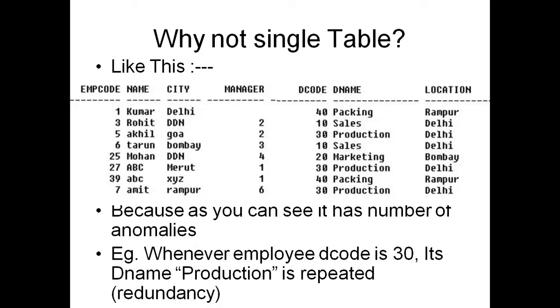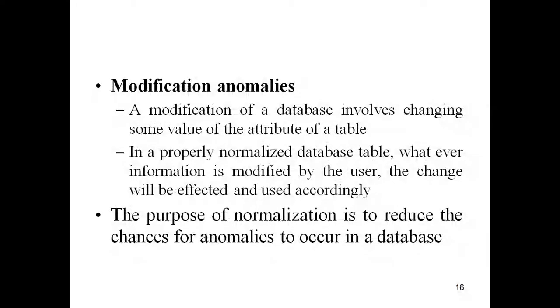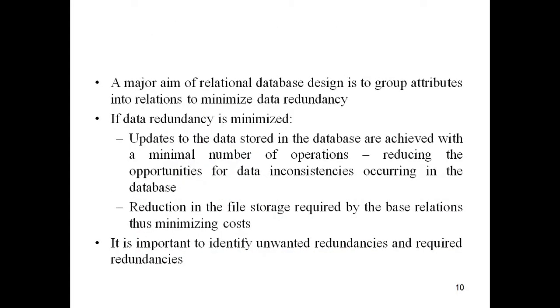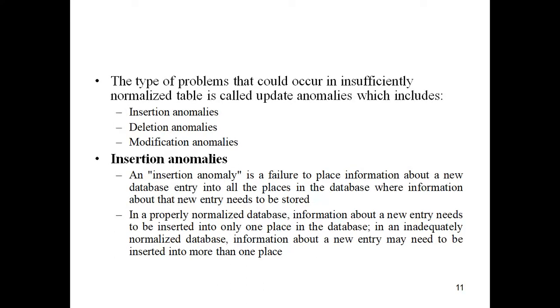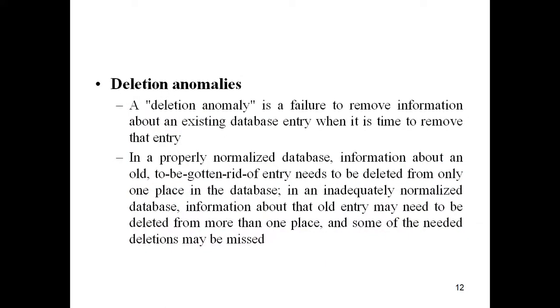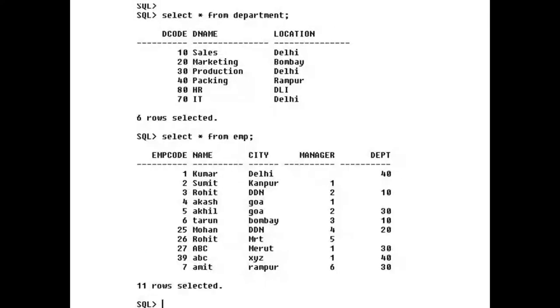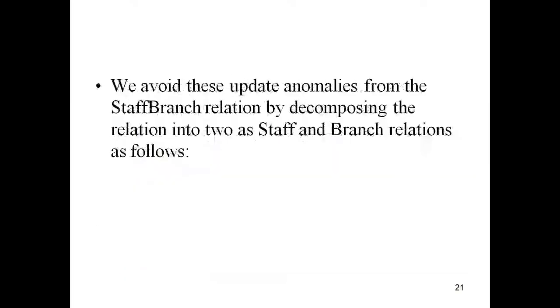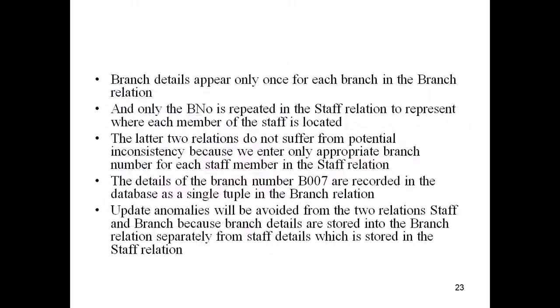So there are 4 anomalies we have seen. Number 1 is redundancy. Number 2 is deletion. Number 3 is insertion. And the fourth one is updation or modification. So please go through these anomalies very well, otherwise you will face a lot of problems.